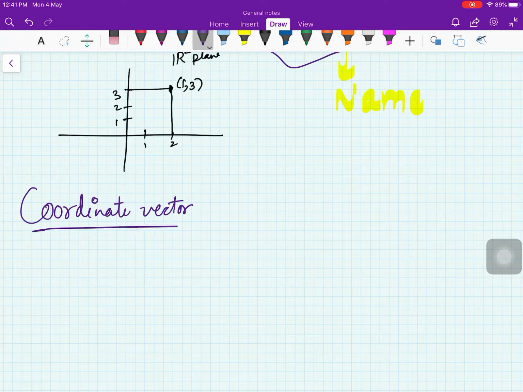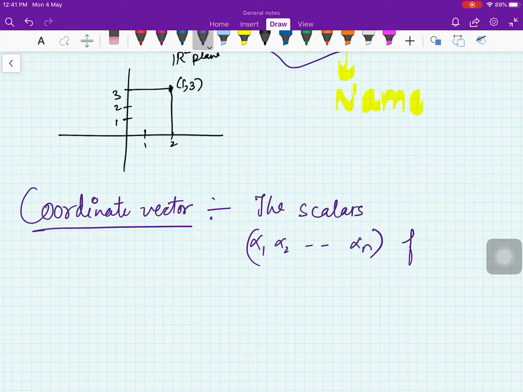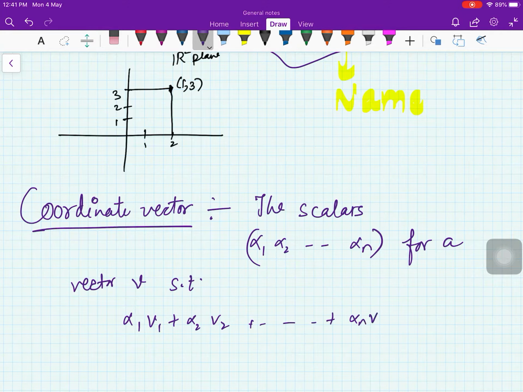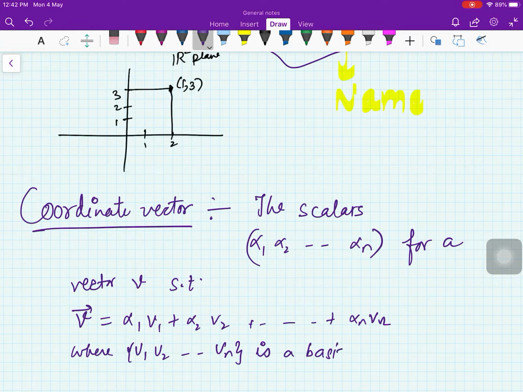So the coordinate vector is defined as the scalars alpha 1, alpha 2, alpha n for a vector V such that alpha 1 V1 plus alpha 2 V2 plus so on alpha n Vn is equal to V, where V1, V2, Vn is a basis of vector space V, right?